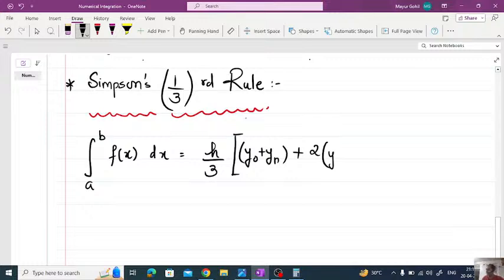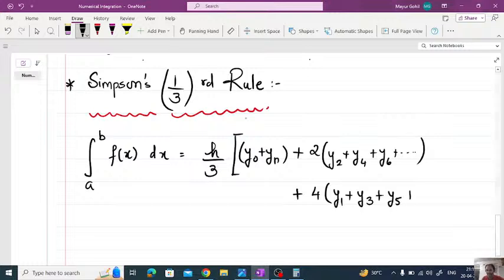So here it is y2, y4, y6, and so on, all even ordinates will come, and then 4 times the odd ones: y1, y3, y5, and so on.